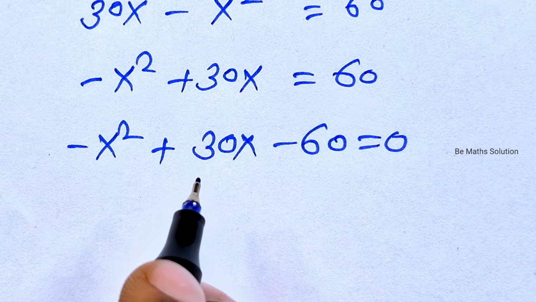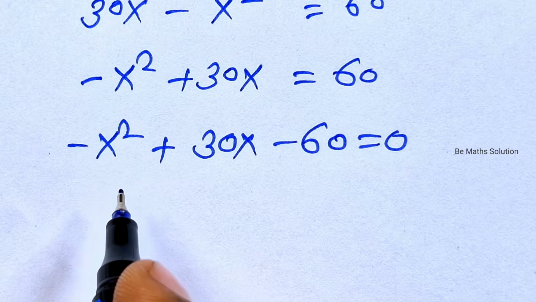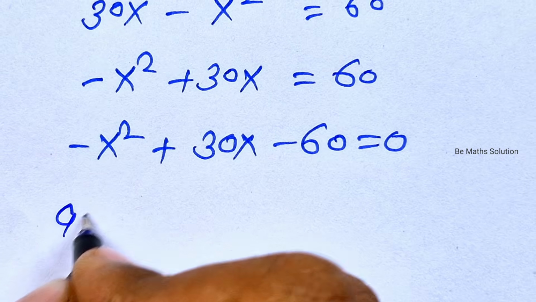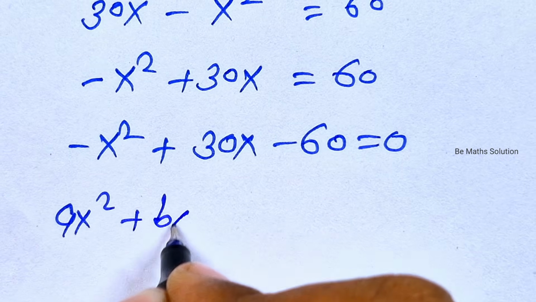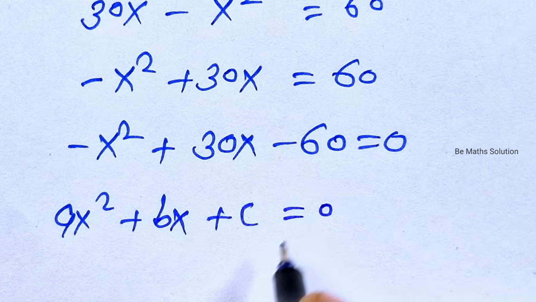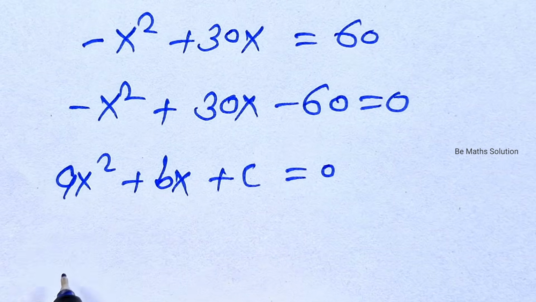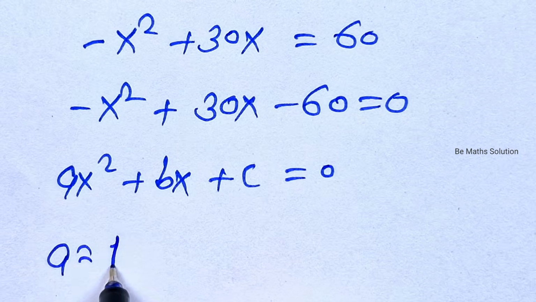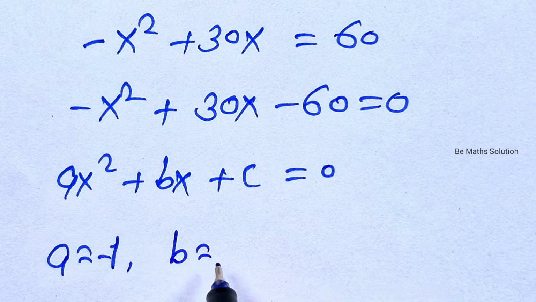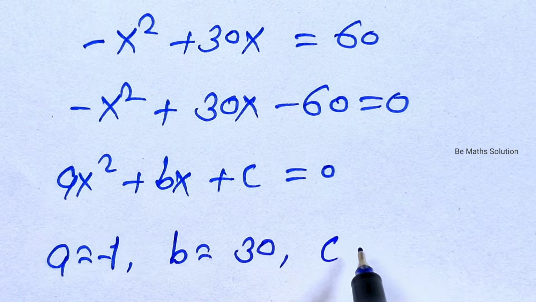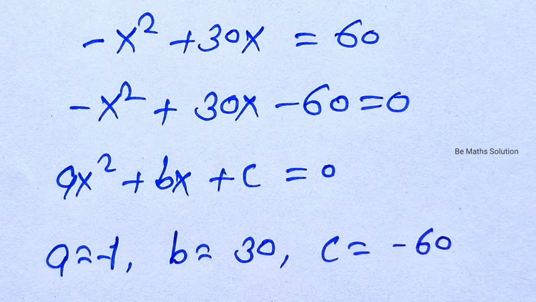Now this is a quadratic equation. The quadratic equation is ax squared plus bx plus c is equal to 0. As compared with this equation, a is equal to minus 1, b is equal to 30 and c is equal to minus 60.